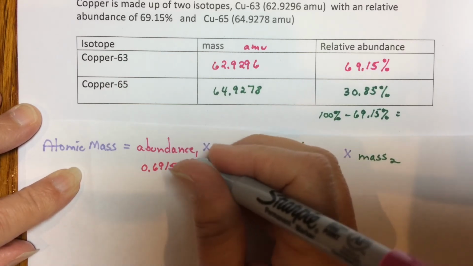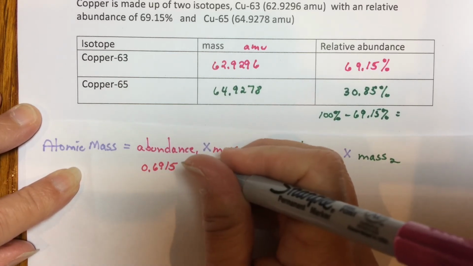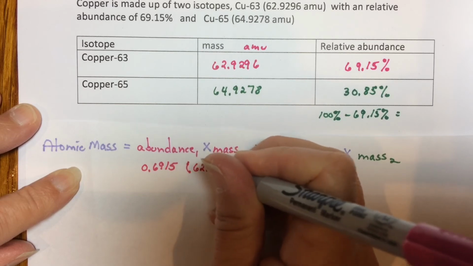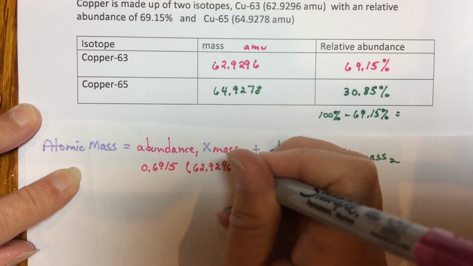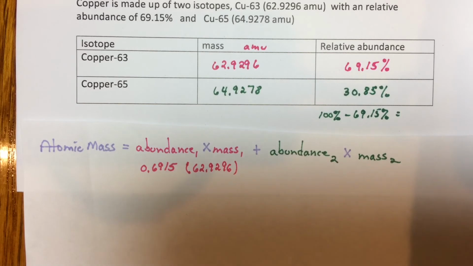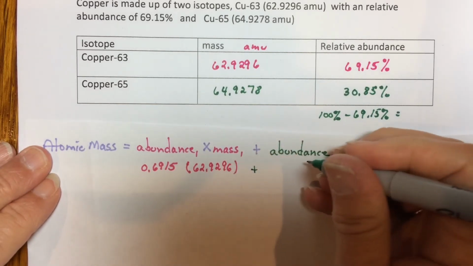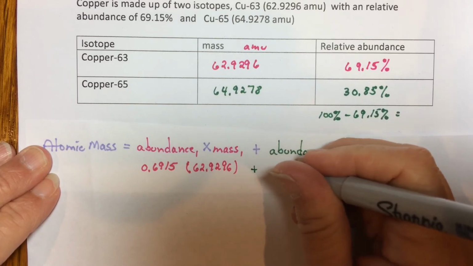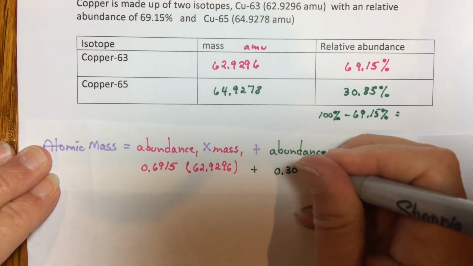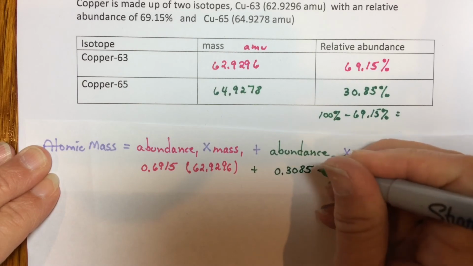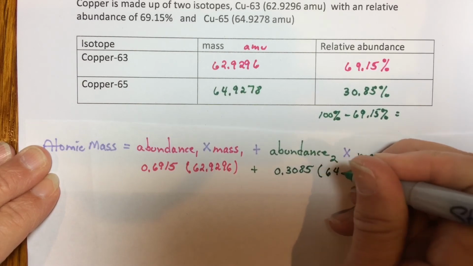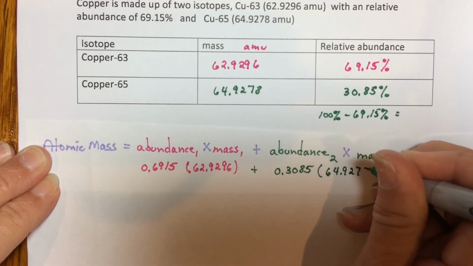The mass is 62.9296. And then plus, we'll do the other one, abundance of 0.3085 times 64.9278.